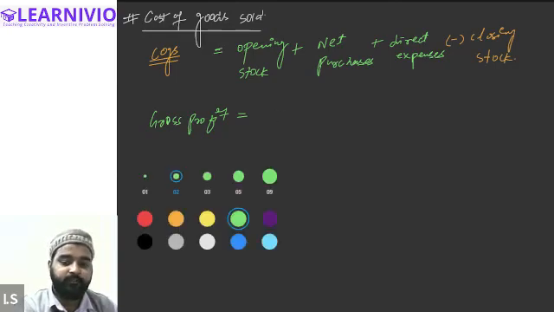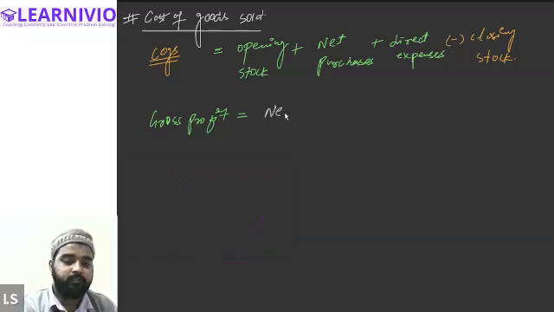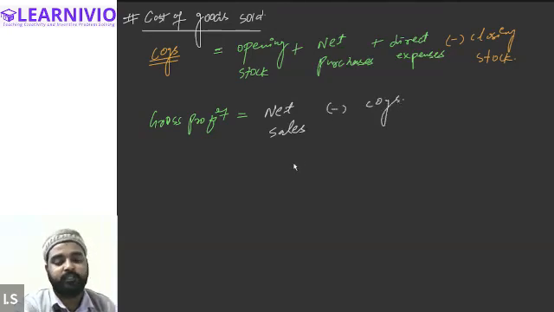Net sales basically means the value of the sales after adjusting the sales return. So net sales minus the cost of goods sold is considered as the gross profit of the entity. This is how we calculate the gross profit and the cost of goods sold.